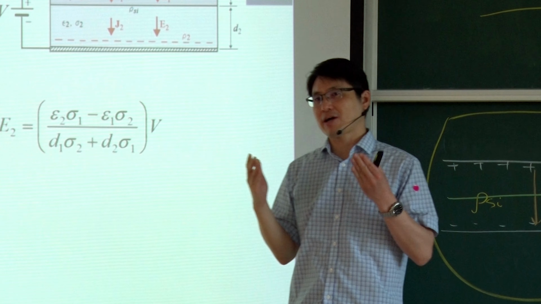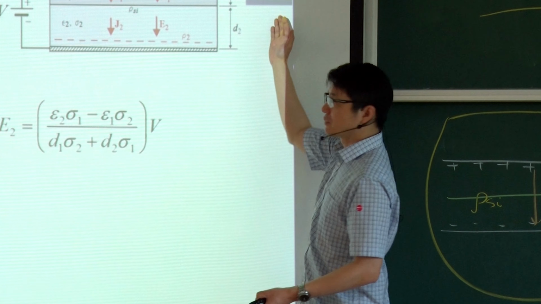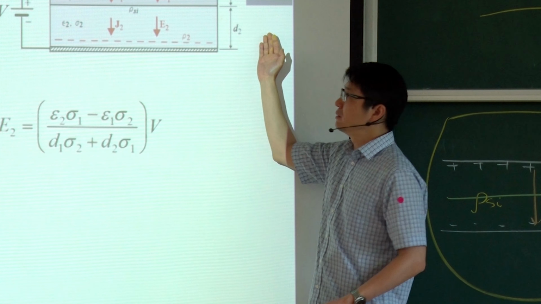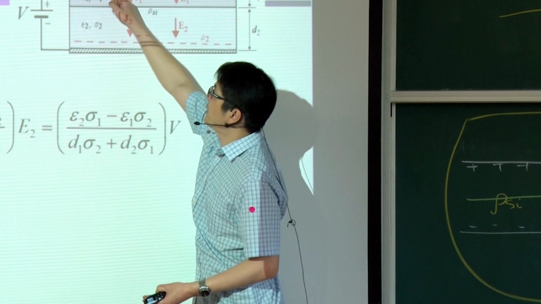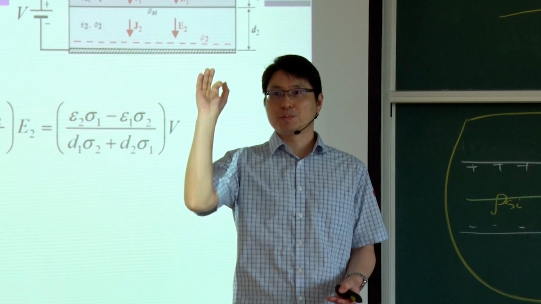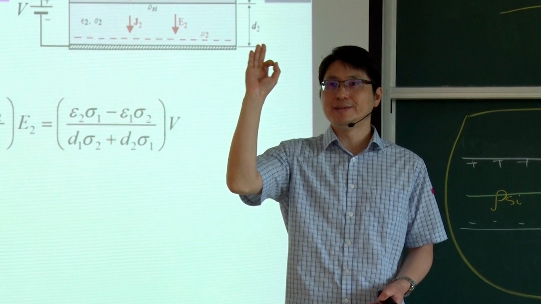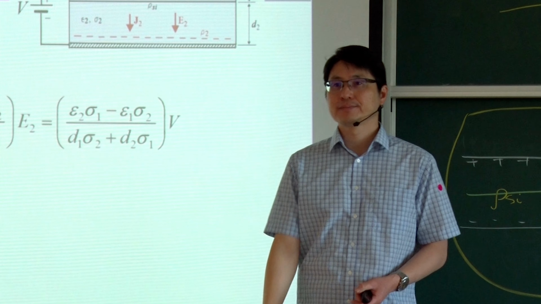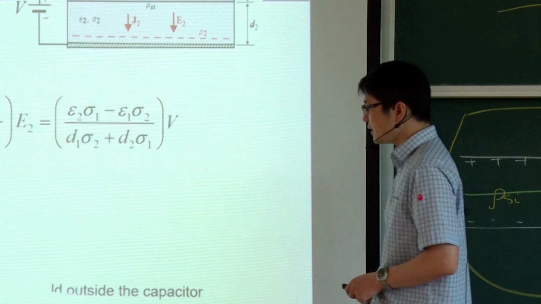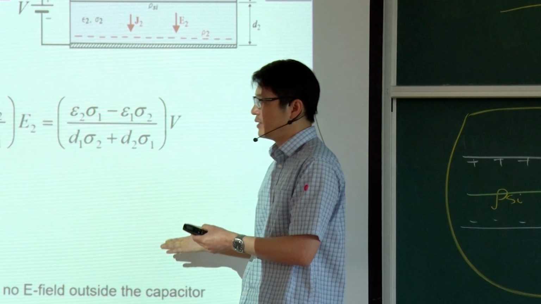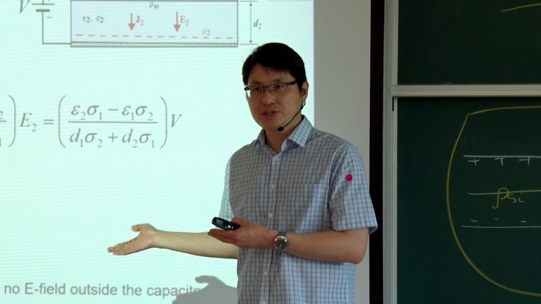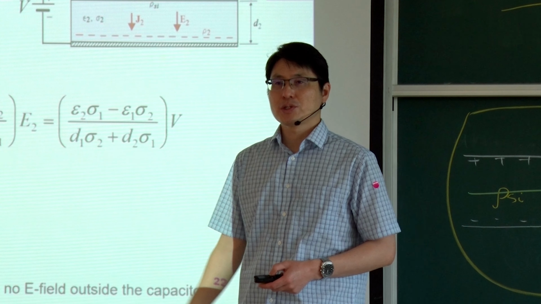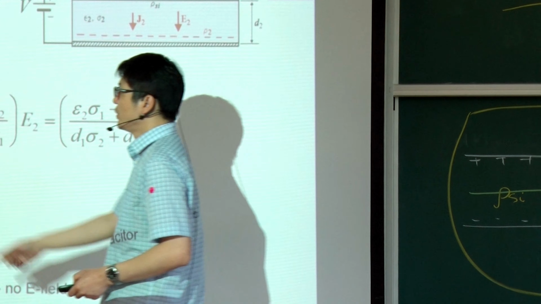In the language of Gauss's law, when you're outside and you look inside, all the charges adding up inside the device have to be 0. There's no net charge. That is a beautiful manifestation of Gauss's law. So you have a quicker way to find rho Si.